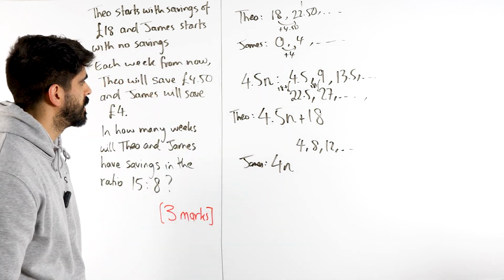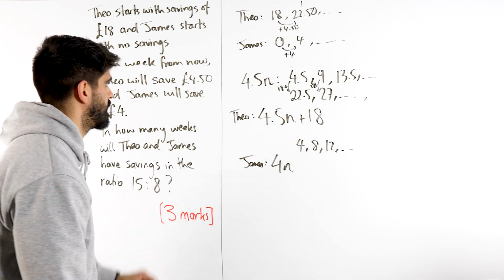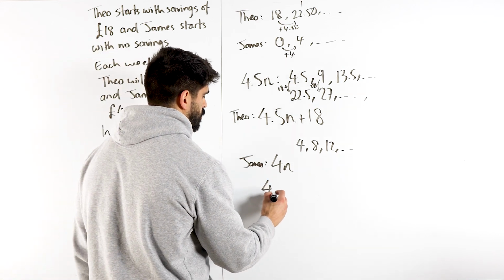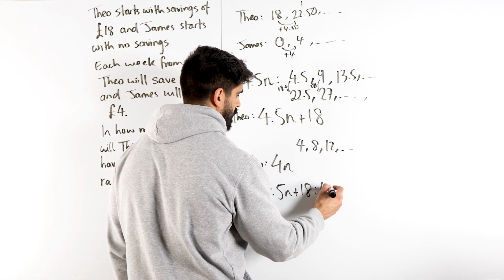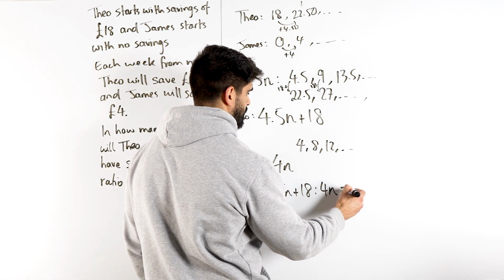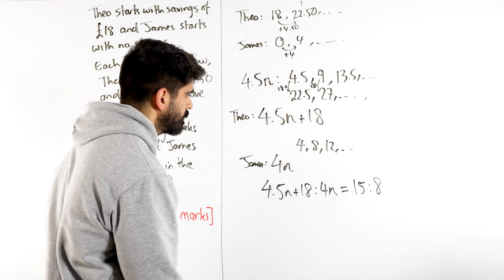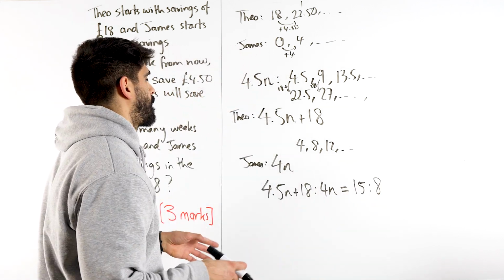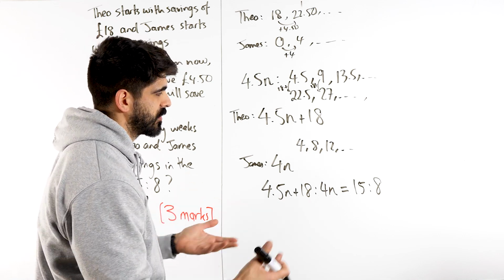I want to know when the ratio of 4.5n plus 18 to 4n equals 15:8. This is reasonably simple. All we do is turn it into a fraction.